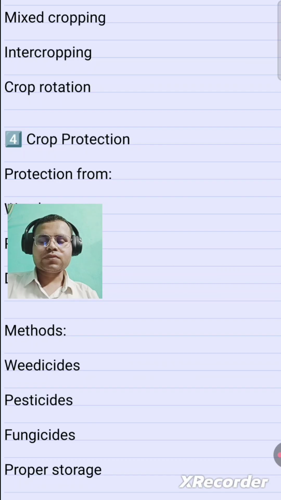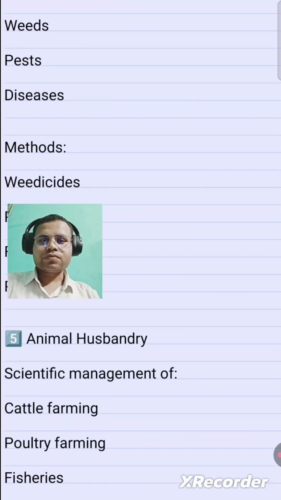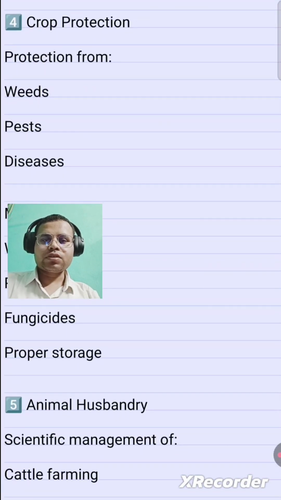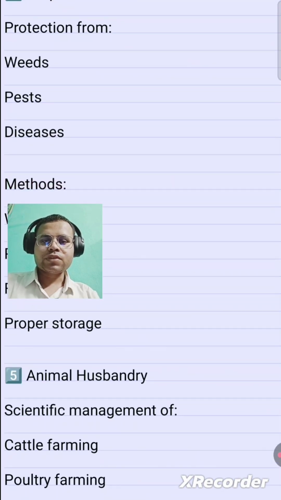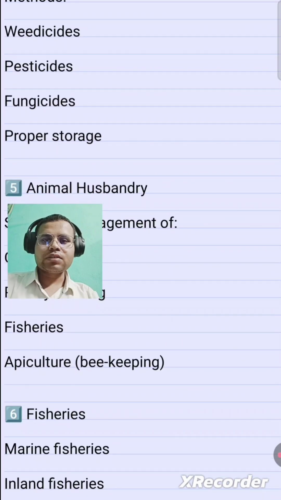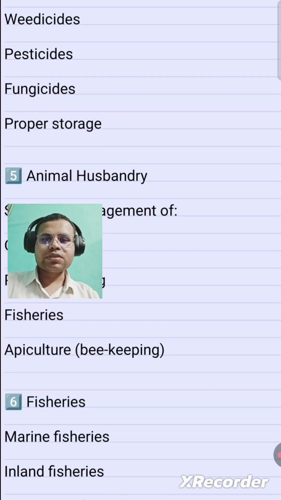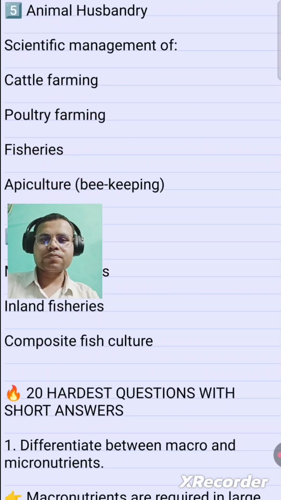Next, crop protection includes protection from weeds, pests, and diseases. The methods are very easy, class: weedicides, pesticides, fungicides, and proper storage.